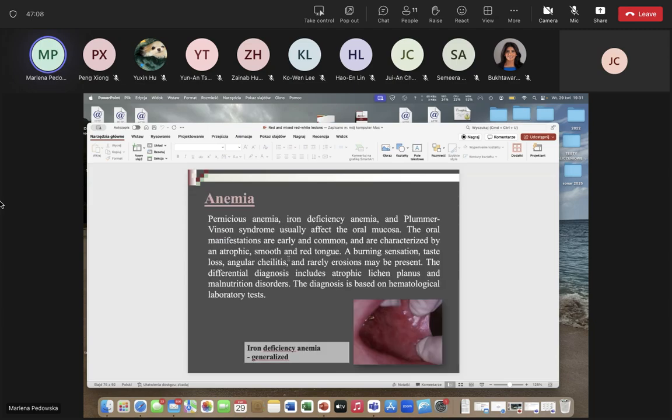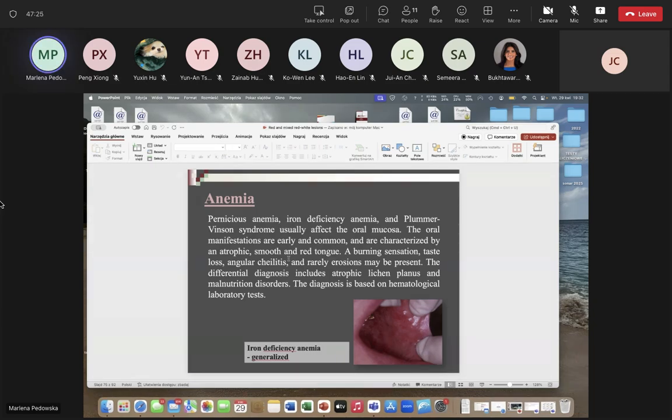Yes, and anemia also, like pernicious anemia, iron deficiency anemia, Plummer-Vinson syndrome, or the different types of anemia, they manifest in the mucous membrane, so they can be noticeable, and you can be the first doctor who diagnoses the patient with this type of disease.